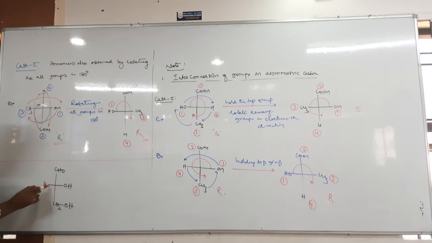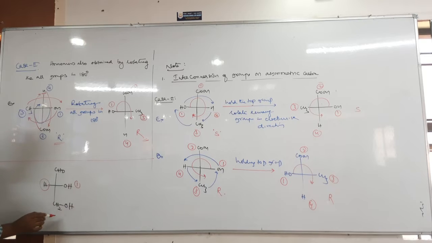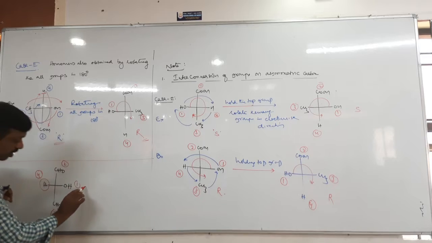First of all, we need to see that fourth priority group. This fourth priority group should be on the vertical line.